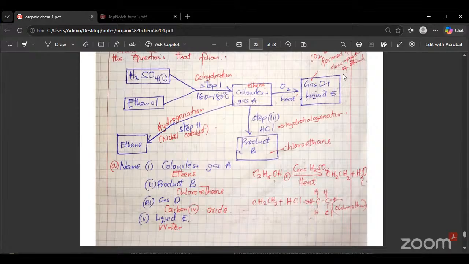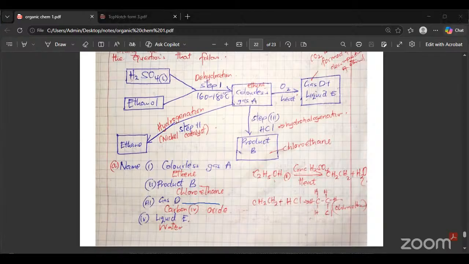The question is the chemical test for carbon dioxide. Let me just circle that so that it becomes easy. What is the chemical test for this one? Because sometimes they will ask you what is the chemical test for that one. Lime water. Calcium. What about lime water? Because you must say something about lime water.